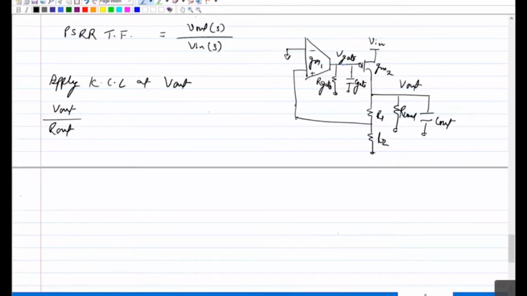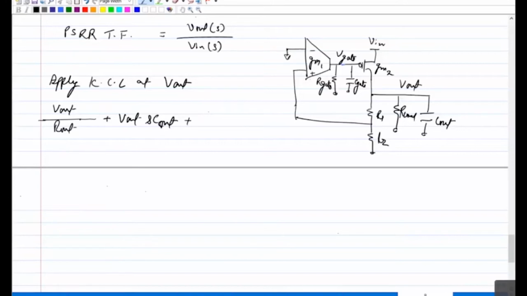And you have an RC, so if I want to write it in a single term, what will that be? Let me write it separately: V out over R out, plus V out times S C out. If you combine the two, it will be V out over R out times 1 plus S R out C out, which is nothing but your omega P out. Ultimately it will come to that when we simplify.